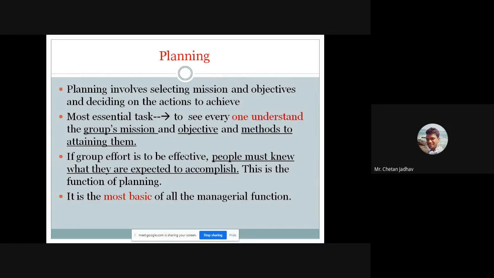Planning is a concept for achieving our final target. This is a simple definition. Planning is the most basic step for every manager level and every person level. The top level manager does some planning for achieving the goals, then the middle level also does planning, the lower level also does planning, and the employee also does planning for completing their task.